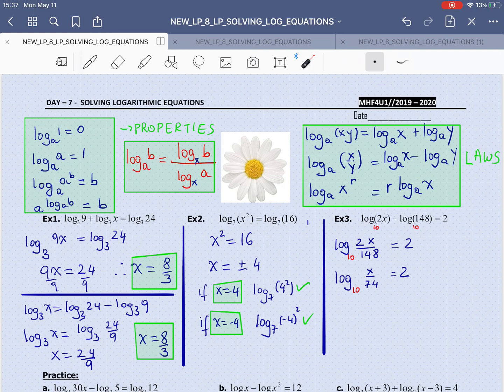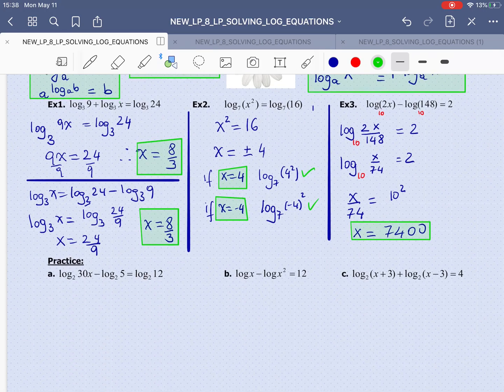So according to the log definition, we're going to say that this base of 10 raised to the power of 2 must equal this number, right? So we're going to write x over 74, better leave x on the left side, equals 10 squared. So that will make x equal to 7,400. And that would be the answer to this equation.